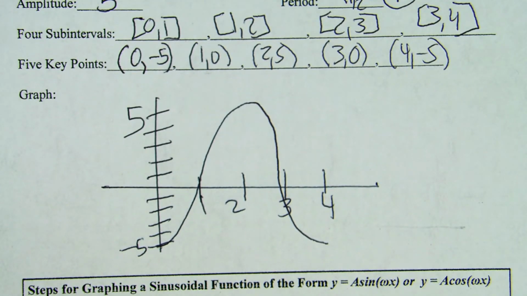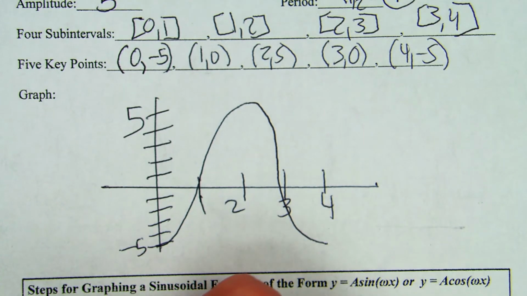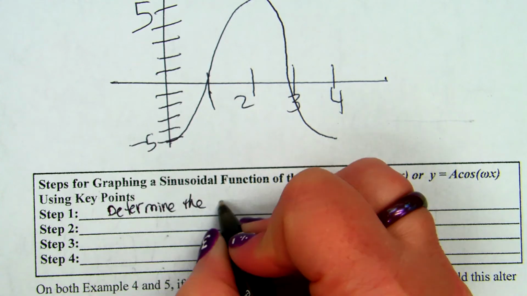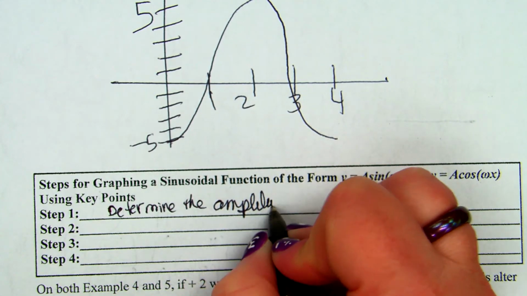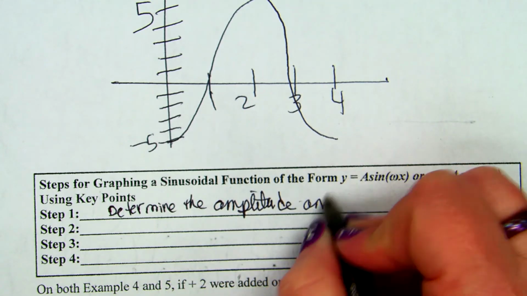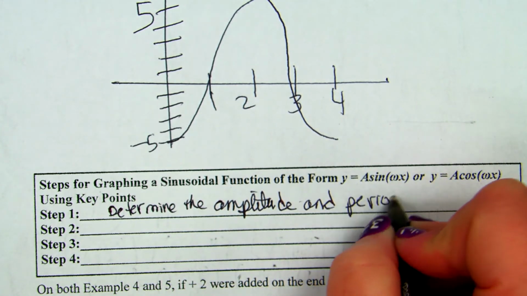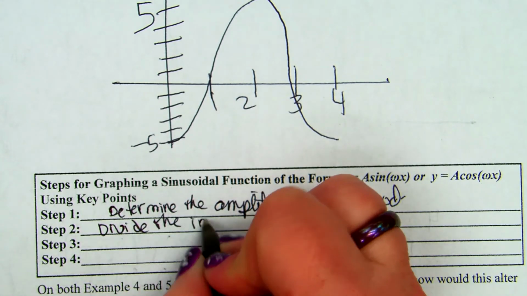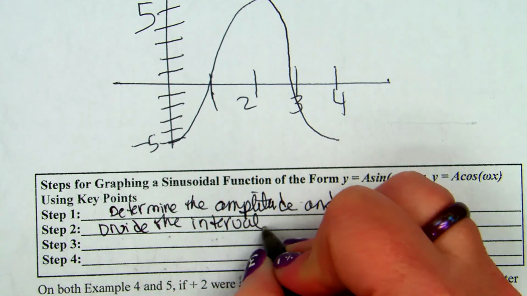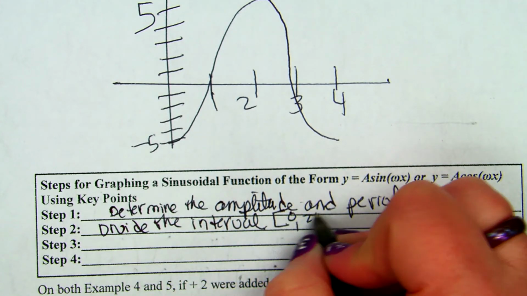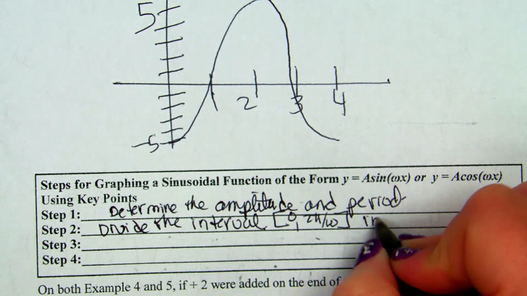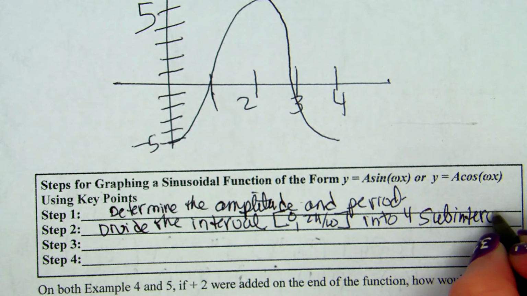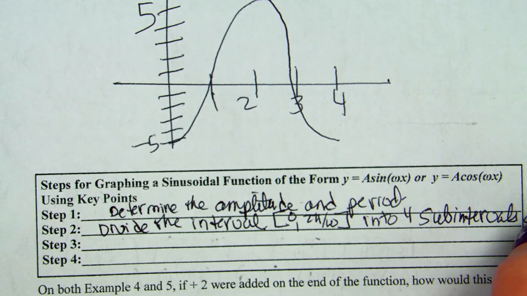So how do you graph? The key steps. Determine the amplitude and period. Divide the interval 0 to 2 pi over w into 4 subintervals of the same length.